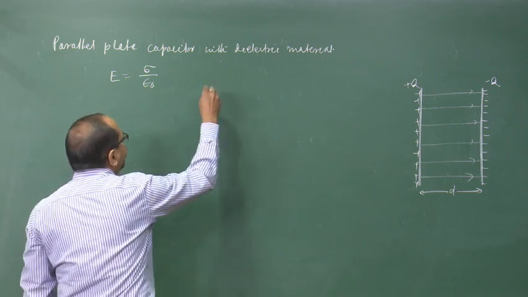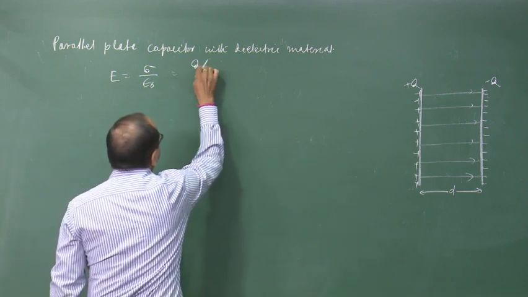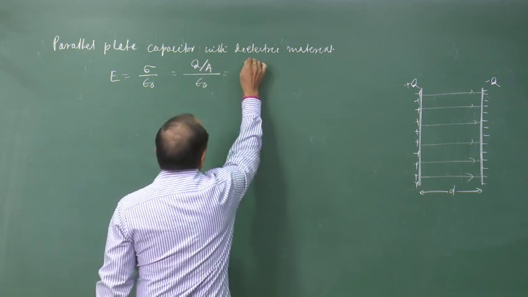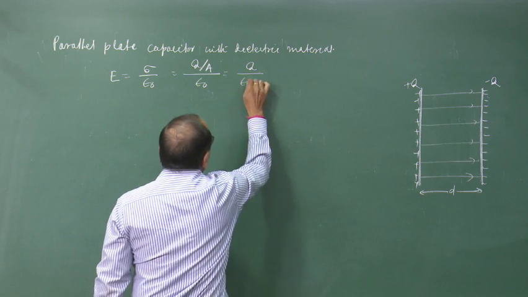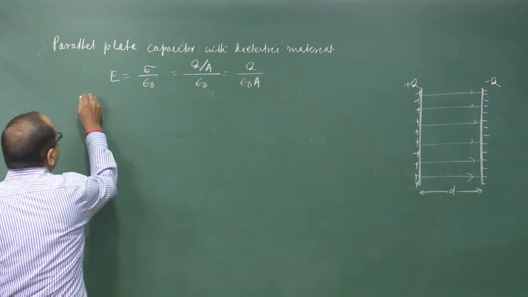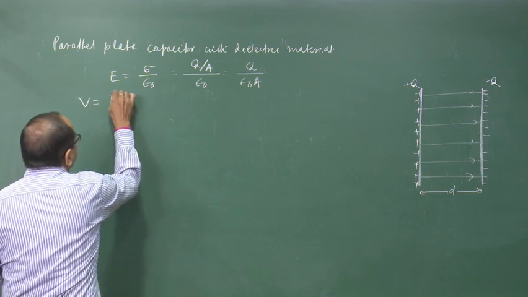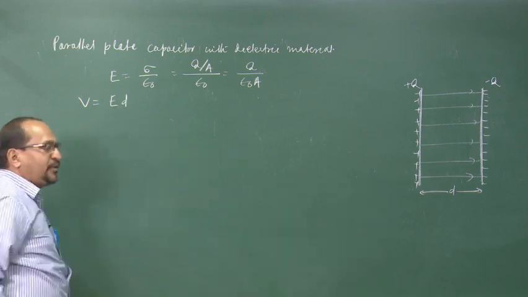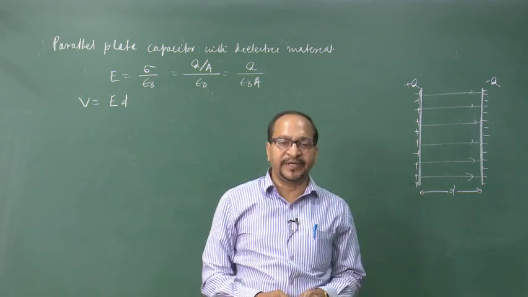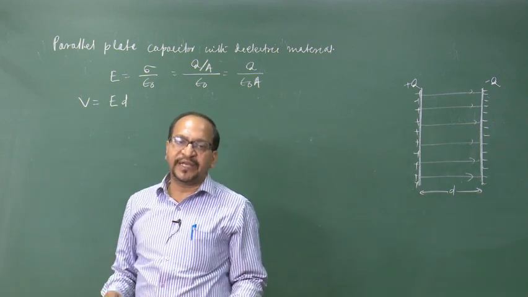If the plate area is A, then the surface charge density is charge by area A, so the field is q by epsilon naught into A. This is the electric field, and the potential difference V is field into distance, because it is a uniform field. The field is the negative gradient of potential, and potential is the line integral of field.